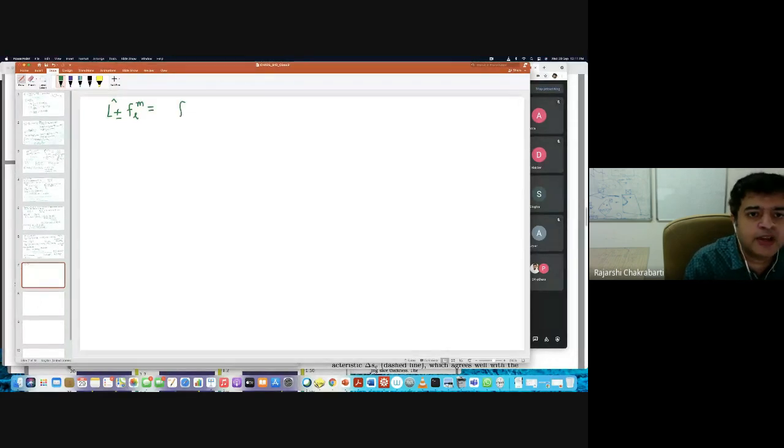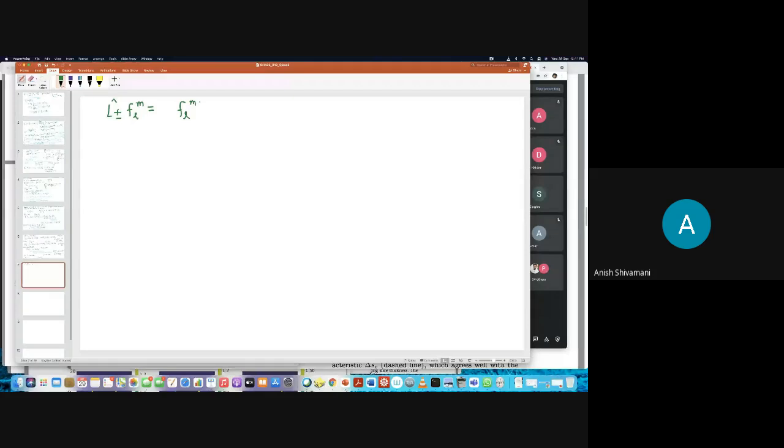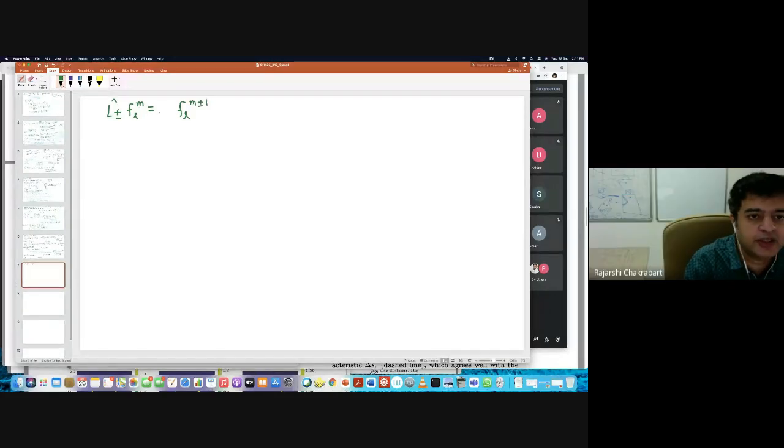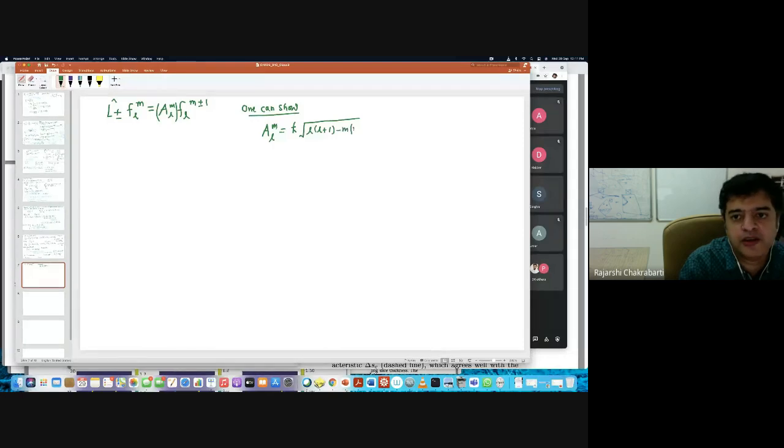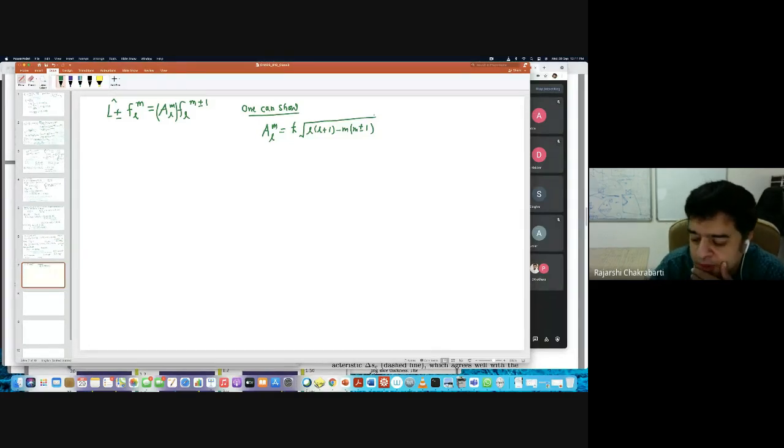I'm going to get F L, M plus minus 1, but there will be a coefficient here, A L M, which will depend on L and M. One can show, and this will be an assignment problem, that this coefficient A L M is given by H cross times the square root of L into L plus 1 minus M into M plus minus 1.